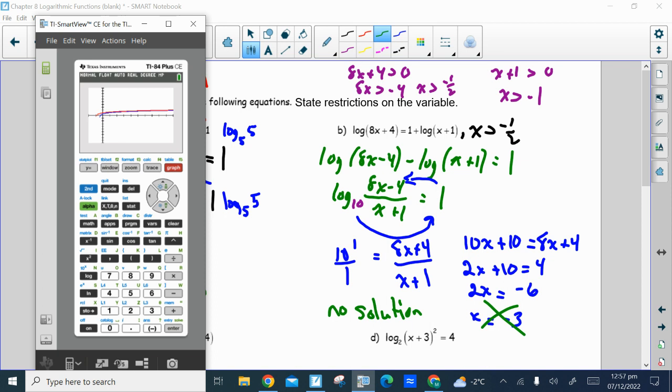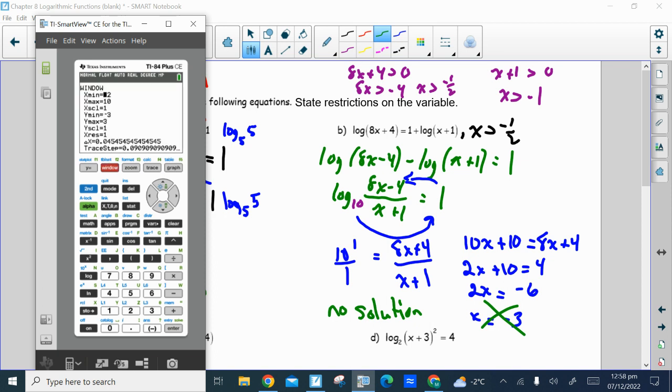So let's alter our y min and max a little bit. So for our y min, let's go from negative 3 to positive 3 as a maximum, and hit graph again. So now it's a little more clear to see that these two graphs do not appear to cross.